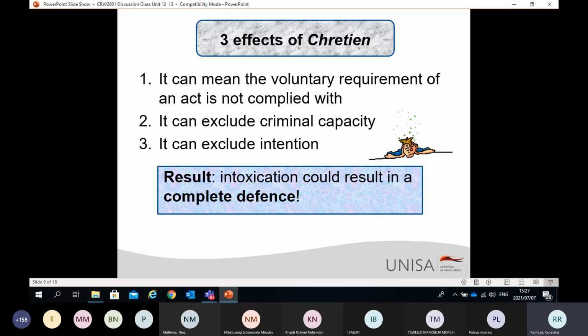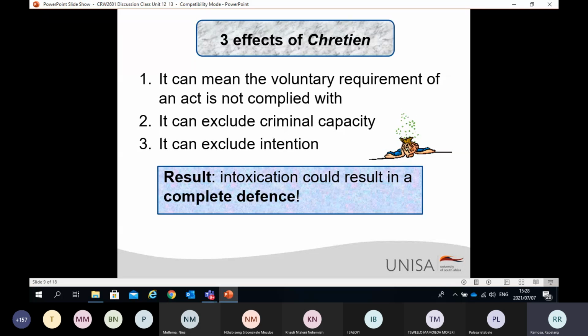And so the court held that X can be in the most severe state. X can be so intoxicated as to lack the voluntary requirement of an act, and therefore not comply with the act requirement. And just underneath that, X may have acted voluntarily, but it may be proved that the extent of his intoxication was such that he could not appreciate the wrongfulness of his conduct or act in accordance with an appreciation of wrongfulness, in which case X would lack criminal capacity.